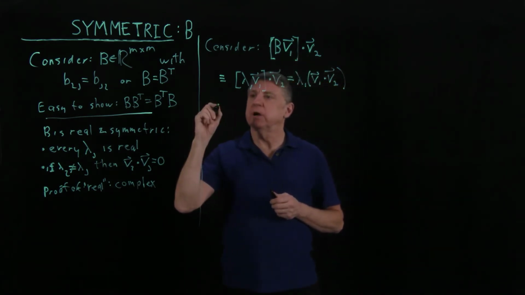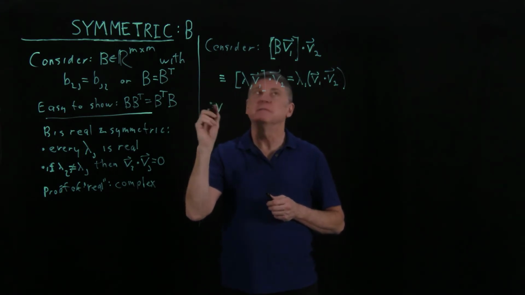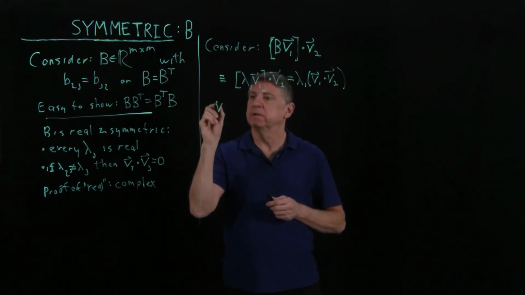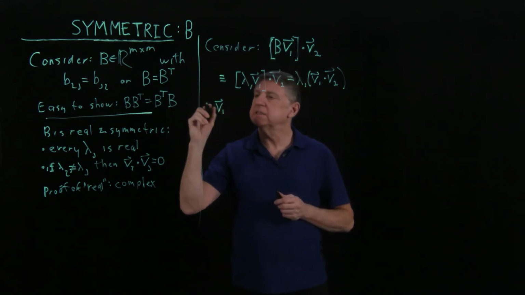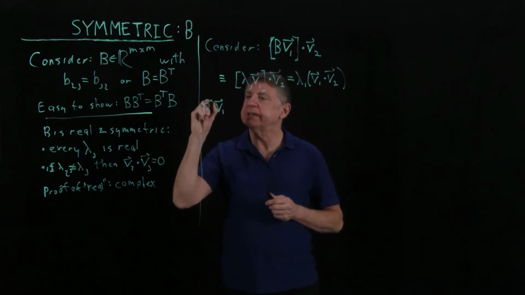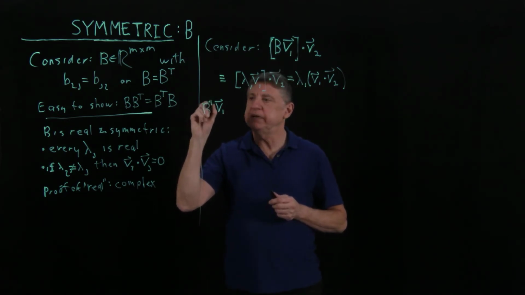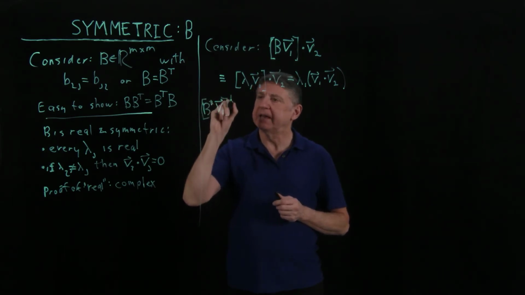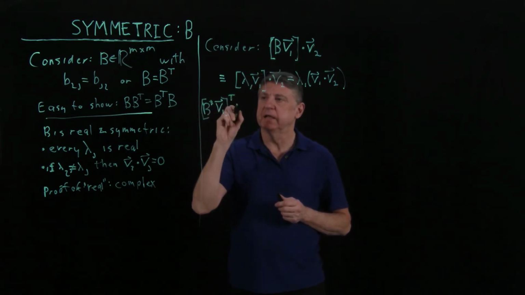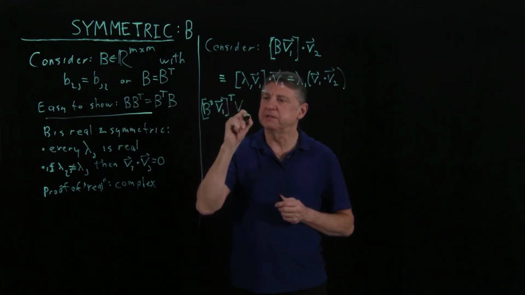So I could also observe that, let's say, let's do it this way. Let's say I take B times V1 and I transpose it and multiply it by V2.